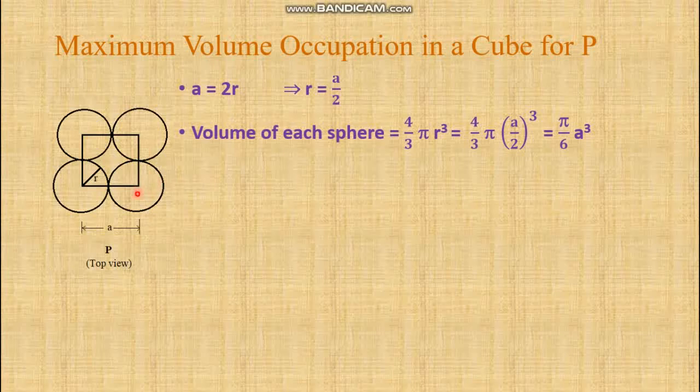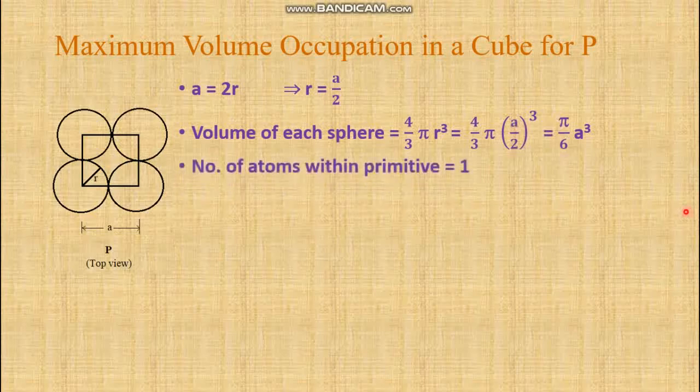Now if you put a by 2 instead of r, then you can get the volume of each sphere in terms of edge length a. So we are putting here a by 2 in place of r. So it becomes 4 by 3 pi a by 2 whole cube. That gives the result pi by 6 a cube.